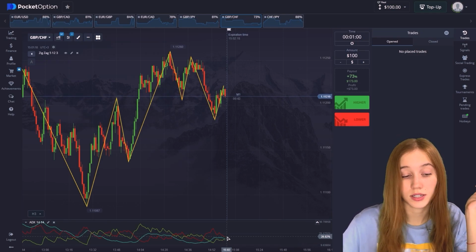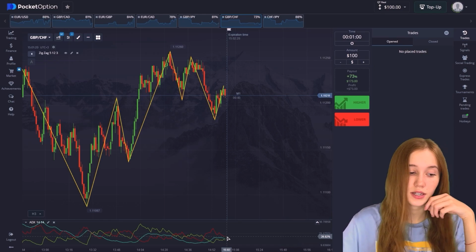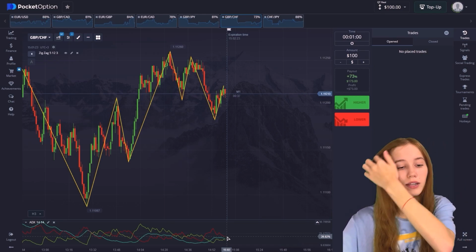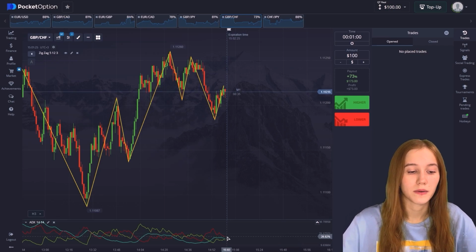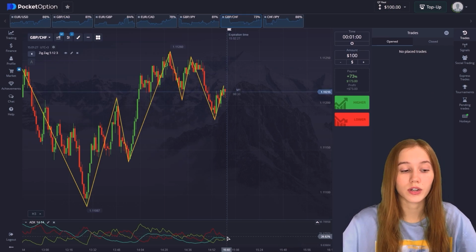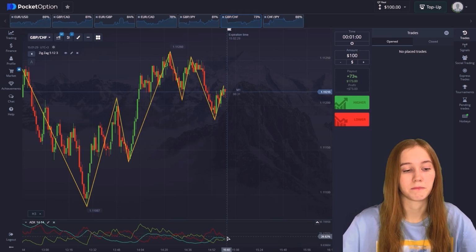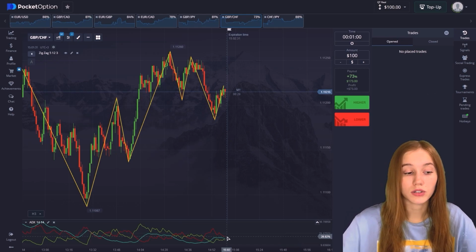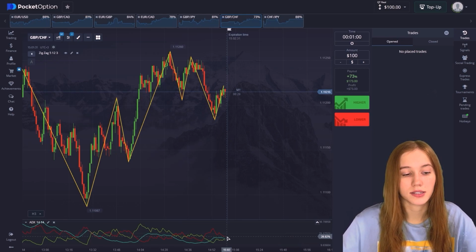ADX works on any instruments and any intervals. It allows you to evaluate the strength of a trend at certain points in time. The stronger the trend movements, the higher the ADX line.